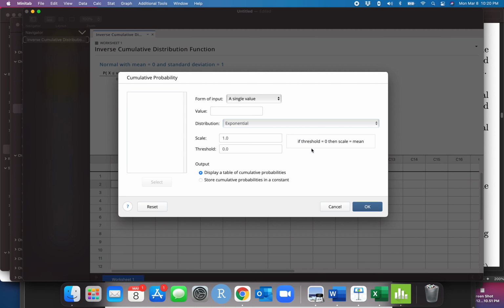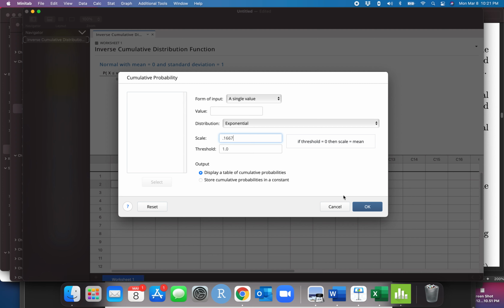It gives you a couple of different options here, or rather, there's this threshold and scale thing. Always leave the threshold for us at 0. Scale equals mean if threshold is 0. That's not what we want. Maybe the threshold is 1/6, 0.1667.